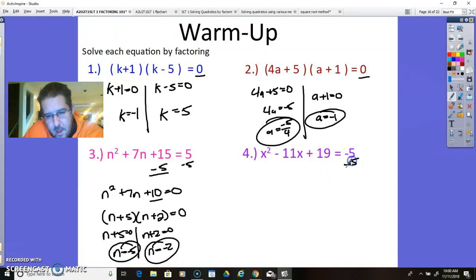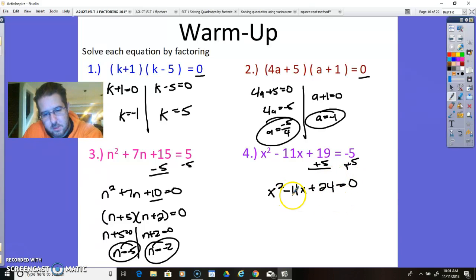All right, so same thing here. I want to get it equal to 0. So x squared minus 11x plus 24 equals 0. What two factors of 24 also add up to -11? And that would be, well, they both have to be negative also, because a negative times a negative is a positive. So that'd be 8 and 3.